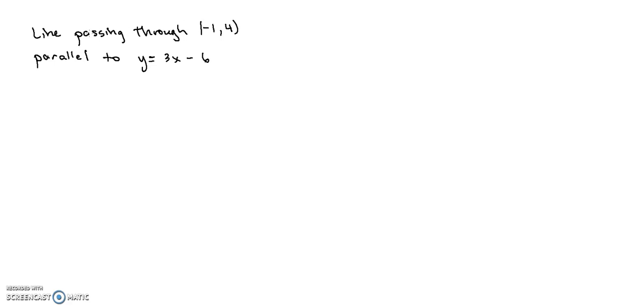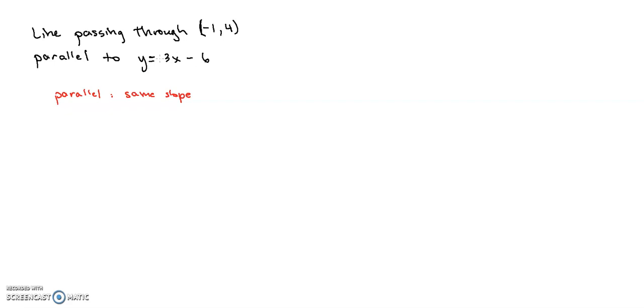So our line is going to pass through this point that we're given, and we need it to be parallel to this other line. Remember, parallel means same slope. So we need our line to have the same slope as this line.